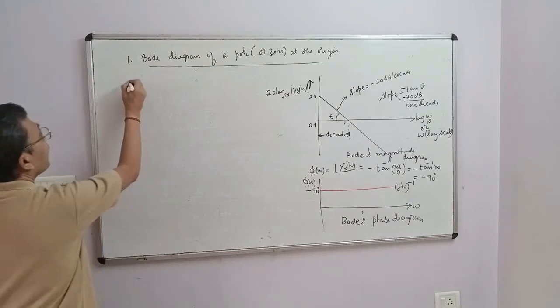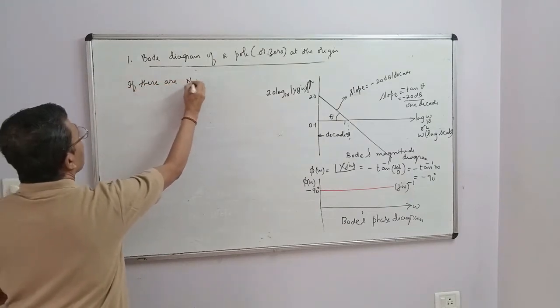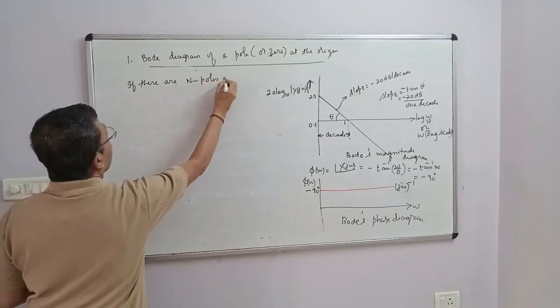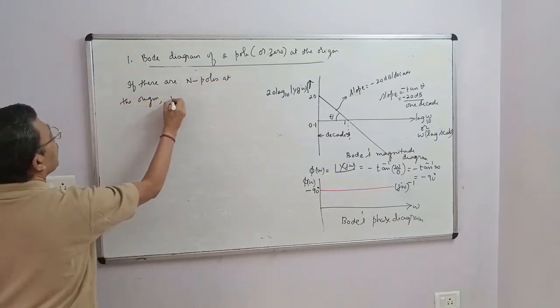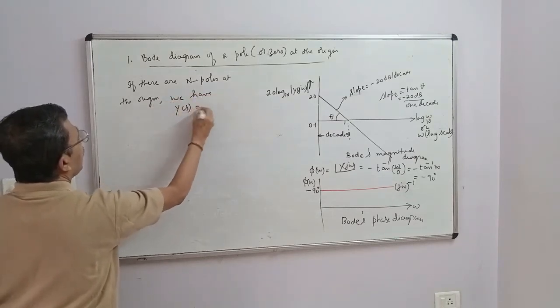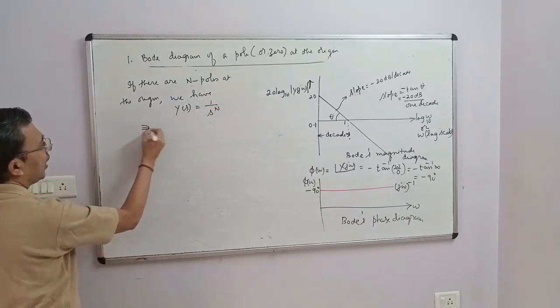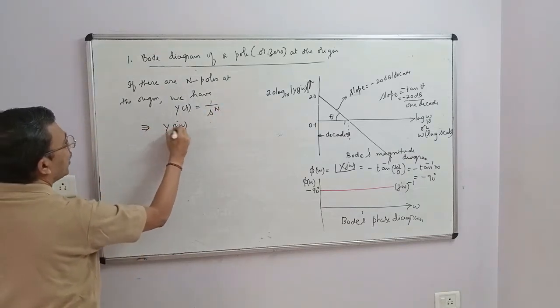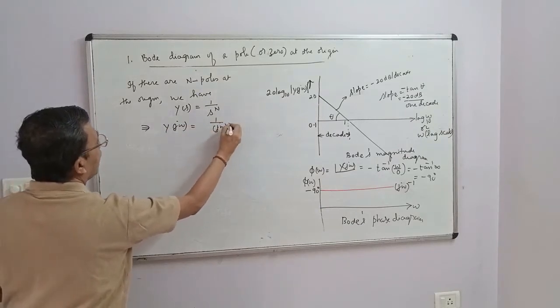If there are n poles at the origin, we have Y of s equal to 1 over s to the power n, which implies Y of j omega is equal to 1 over (j omega) to the power n.